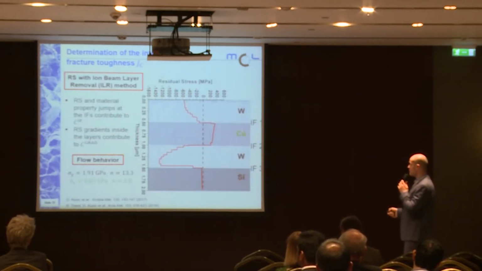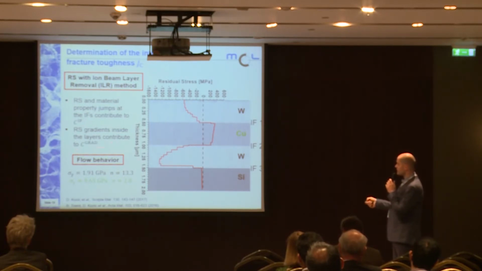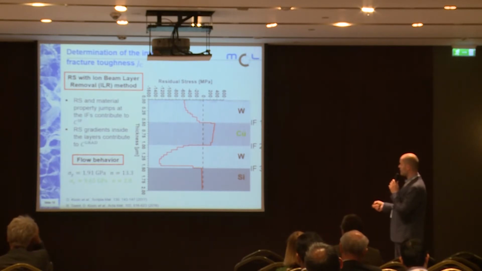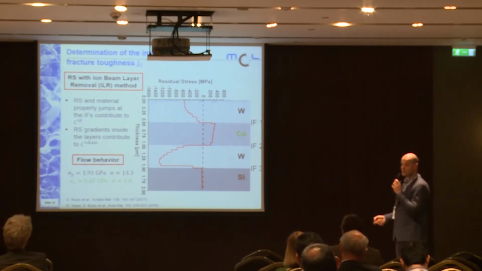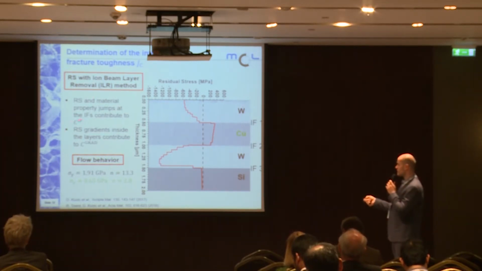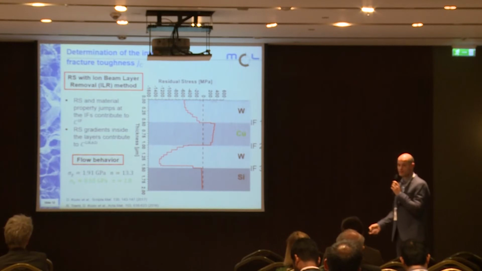In earlier work, we calculated the residual stresses with the so-called ion beam layer removal method, and we determined the flow behavior of tungsten and copper from nano-indentation experiments. The residual stresses and material property jumps at the interfaces contribute to the interface term, and the residual stress gradients inside the layers contribute to the gradient term.